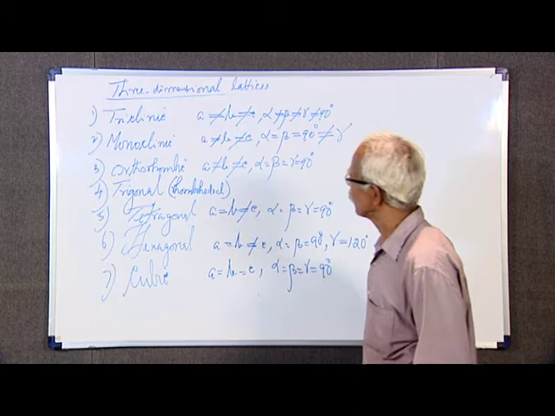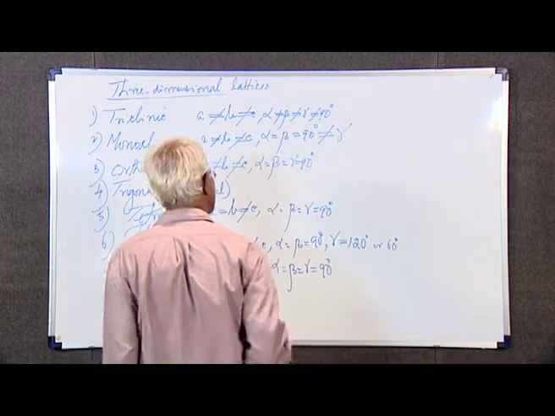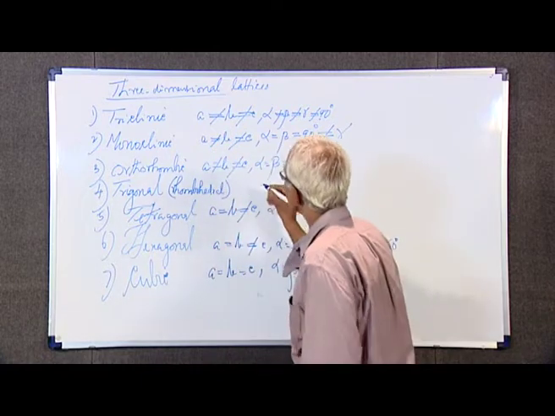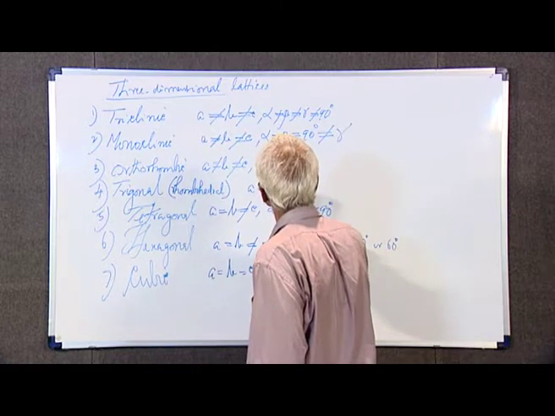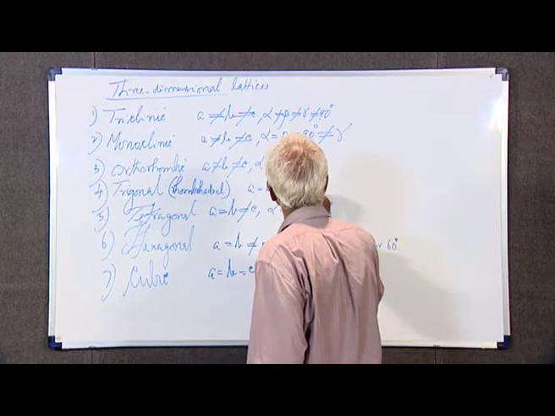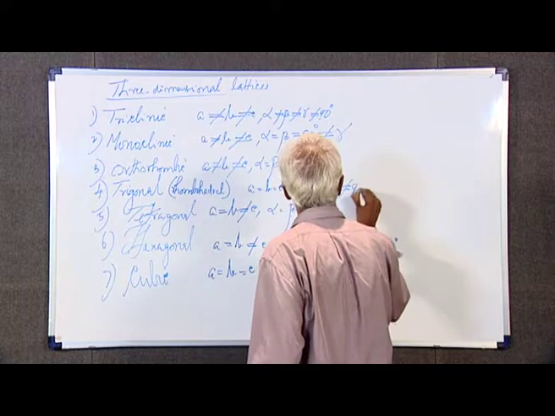Okay, because I will take this up last for explanation because it is very sophisticated. I will write here A equal to B equal to C, alpha equal to beta equal to gamma.